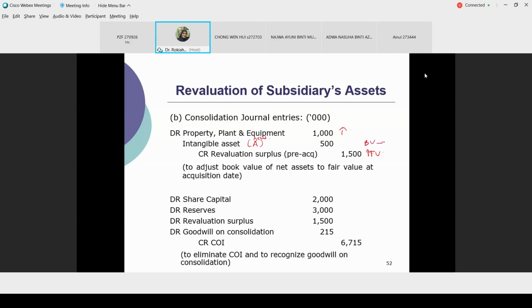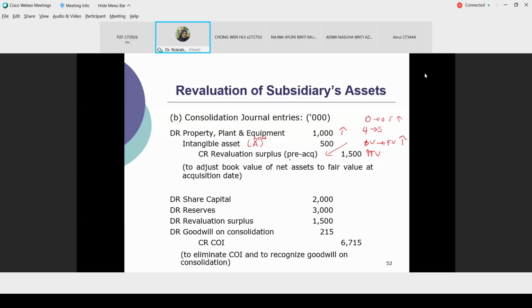For example, for PPE, the book value was 4, now it becomes 5. For the intangible asset, the book value is 0, now it becomes 0.5. All of this increase will be transferred to a revaluation surplus, so you credit your revaluation surplus.